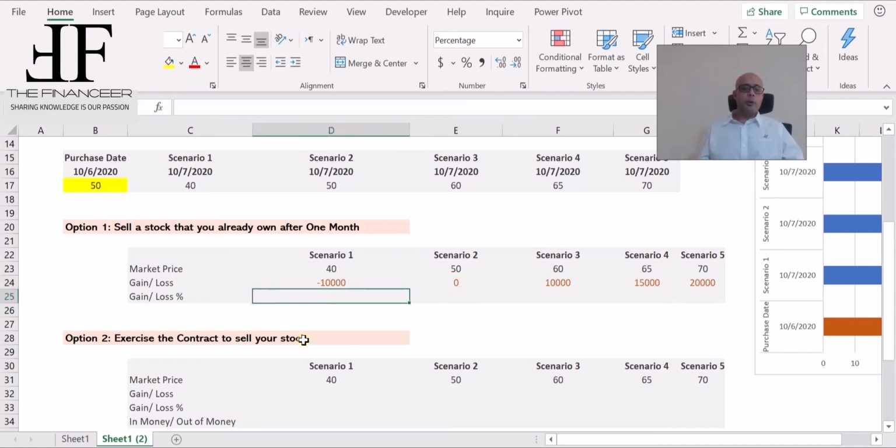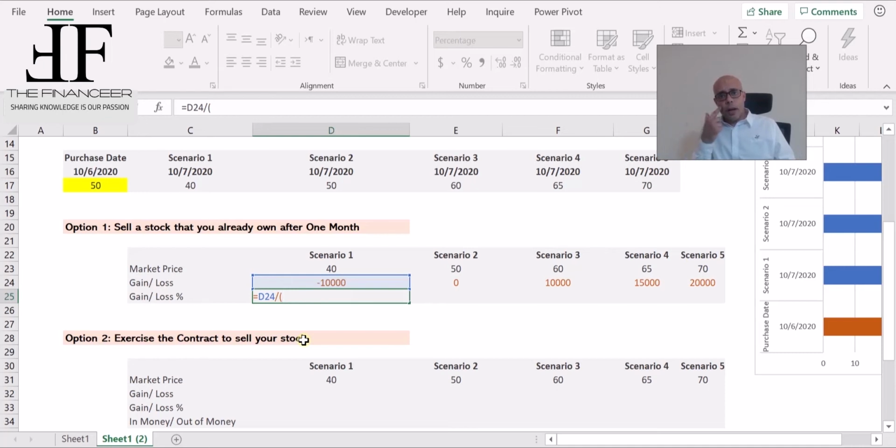Okay, now if you would like to calculate the percentage of your gain and loss, what you are going to do is divide this loss by the total investment that I paid to purchase this stock from the market. How much did you pay for this stock? I purchased one share at $50. And how many shares? 1,000. So originally you paid 1,000 times 50, equal to $50,000.